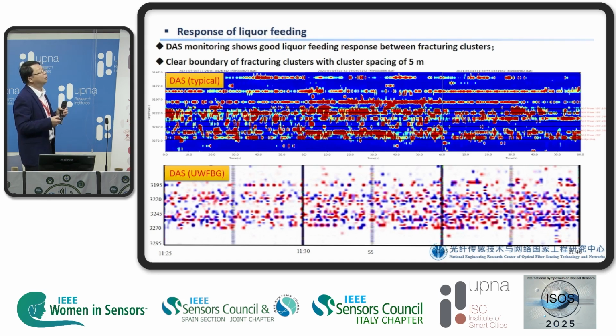And also, this is during the liquid feeding process, we can know how the liquid goes in the downhole. This is the typical DAS with the traditional single mode fiber, and this is our DAS with the ultra-weak FBG arrays. You can get different signals, but for the ultra-weak FBG arrays, you can get a very clear boundary compared to the traditional DAS technology.